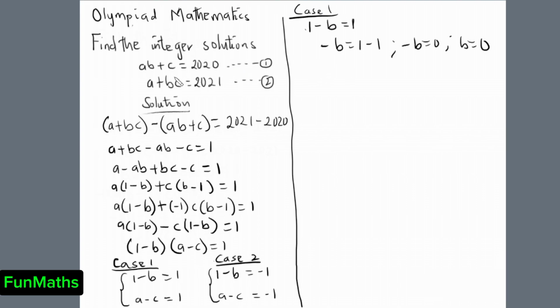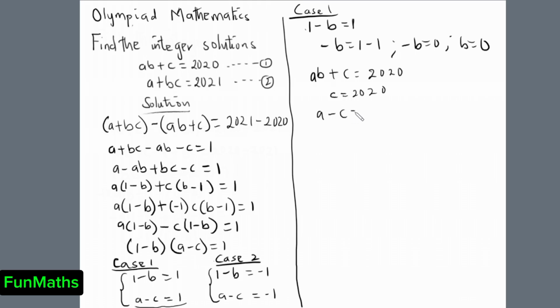Going back to equation 1, AB plus C is 2020. B is 0, so AB will be A times 0, which is 0. C is 2020. If C is 2020, look at this case: A minus C is equal to 1.